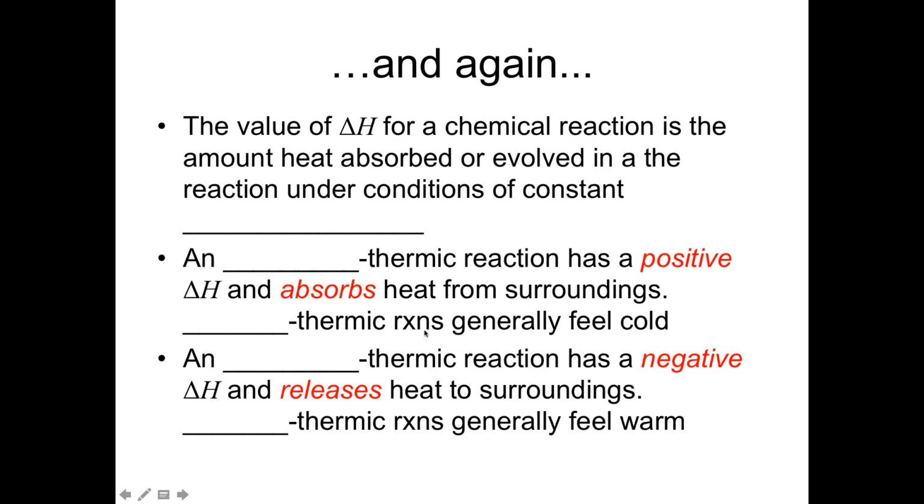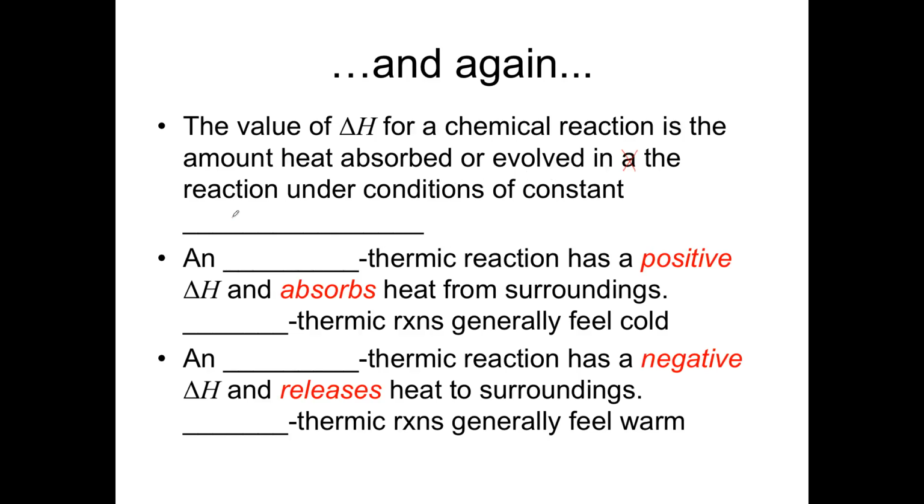Okay, so in review, the value of the change in enthalpy for a chemical reaction is the amount of heat absorbed or evolved in the reaction under conditions of constant what? What did we say?